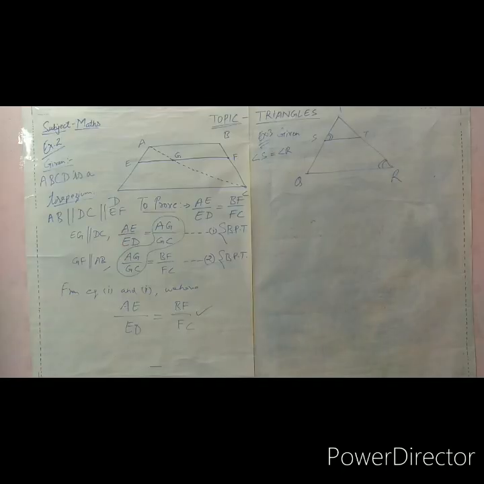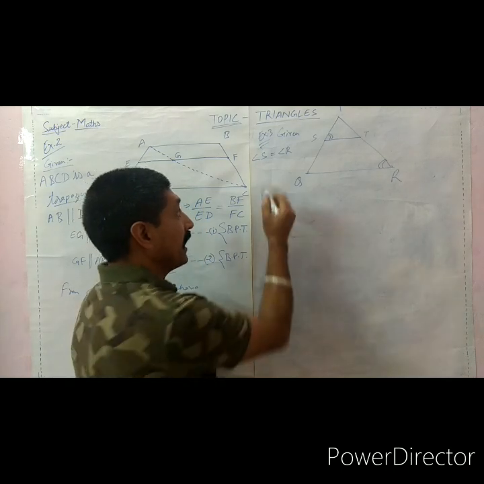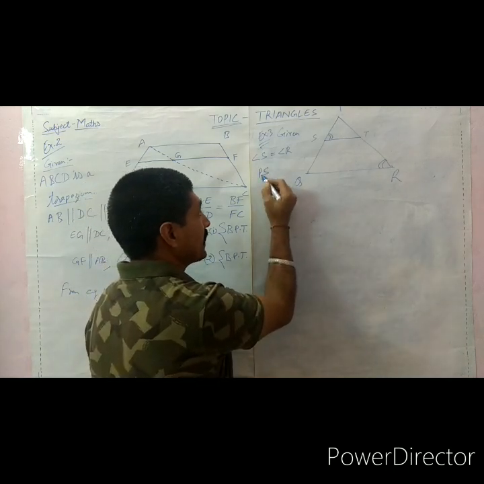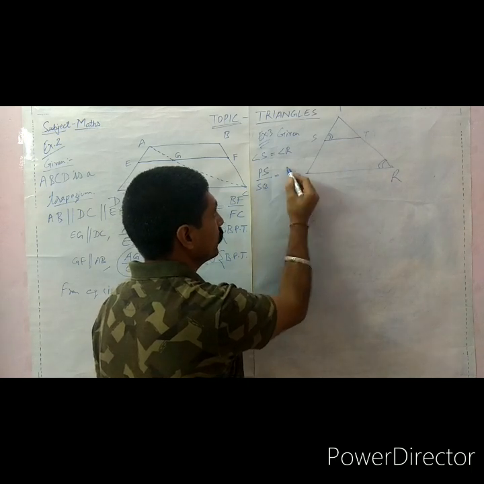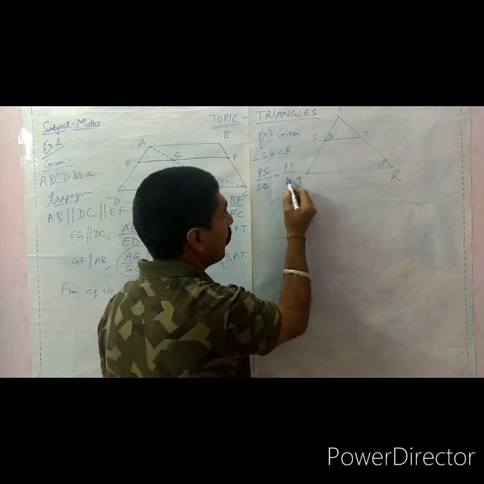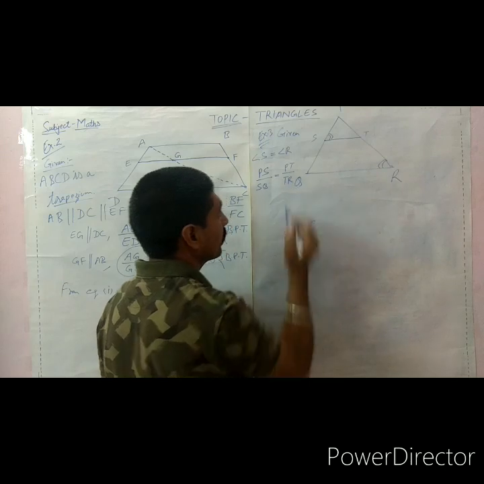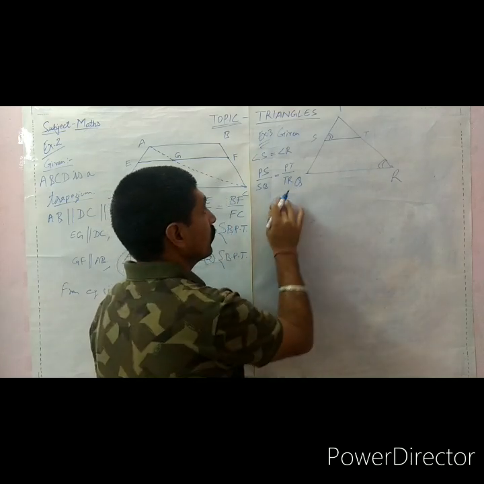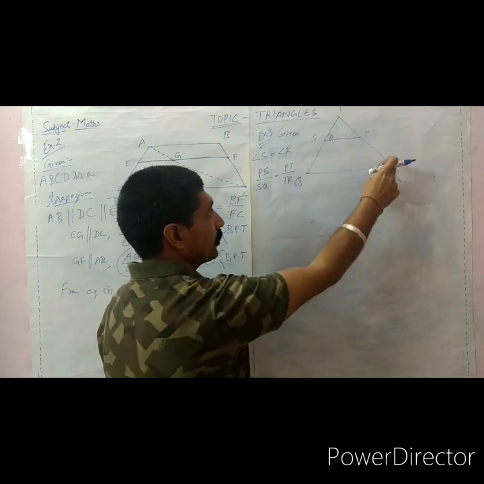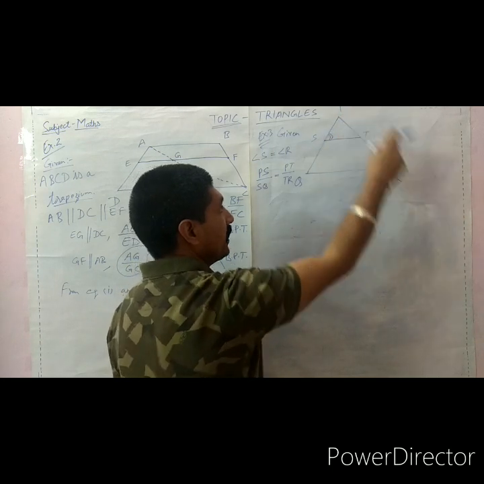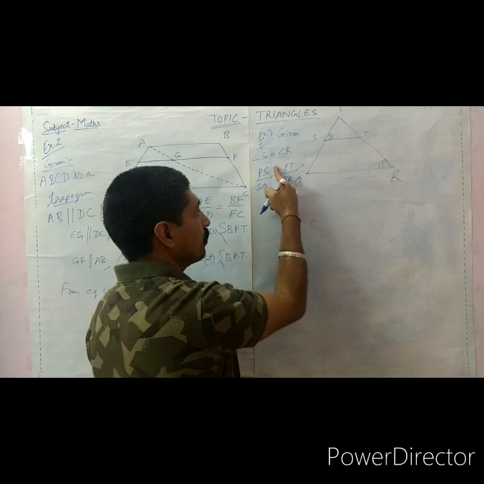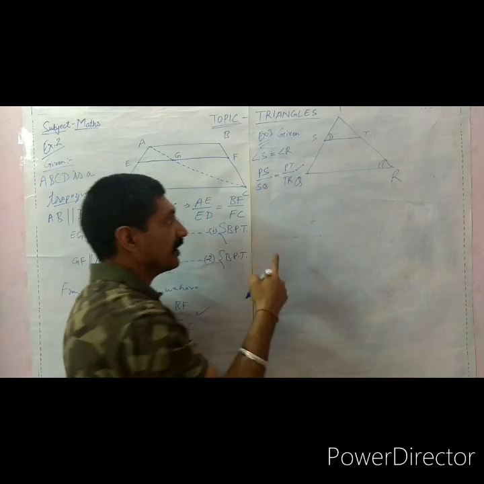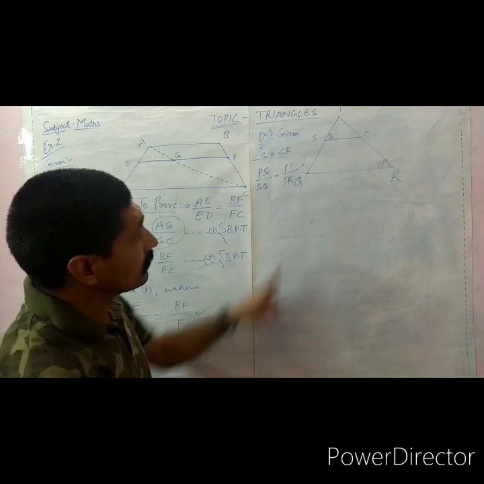It is also given that PS upon SQ is equal to PT upon TR. So it is given that angle PST and angle PRQ are equal, and the ratio PS upon SQ is equal to PT upon TR.